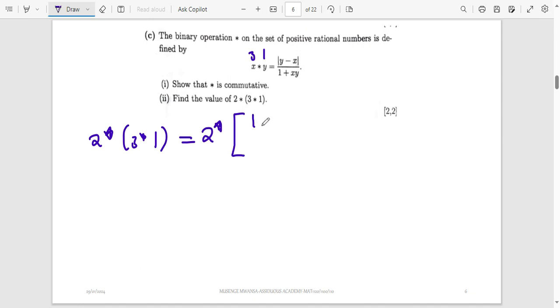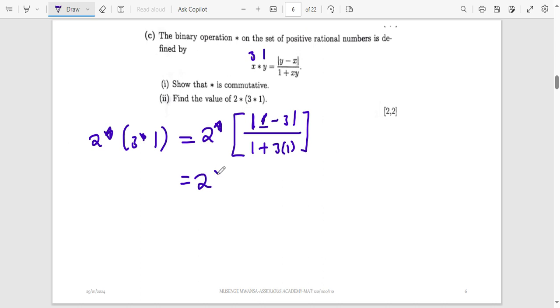That will be the absolute value of, where there is y, we'll put 1, minus, where there is x, we'll put 3, divided by 1 plus, where there is x we are putting 3, where there is y we are putting 1.